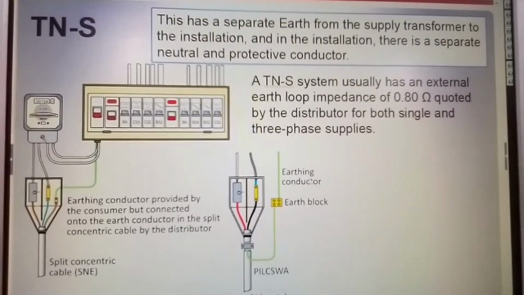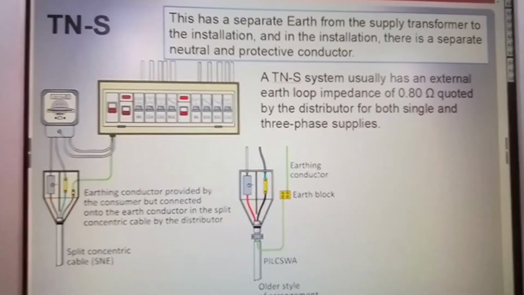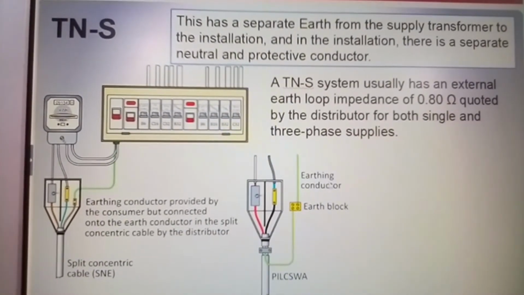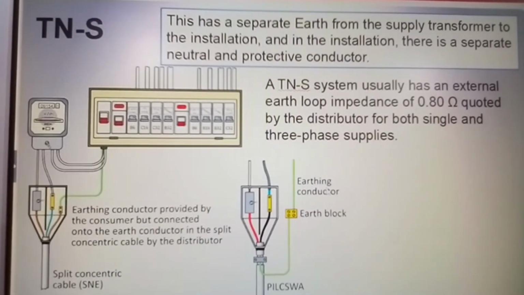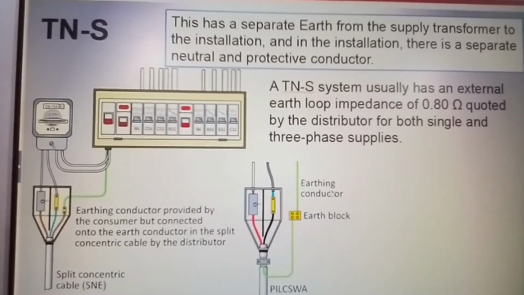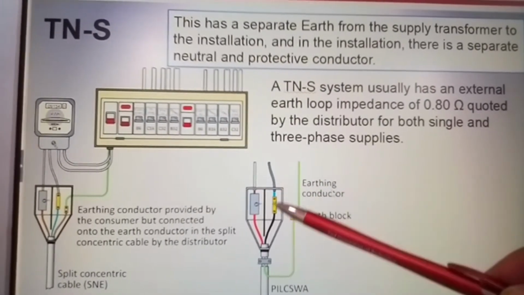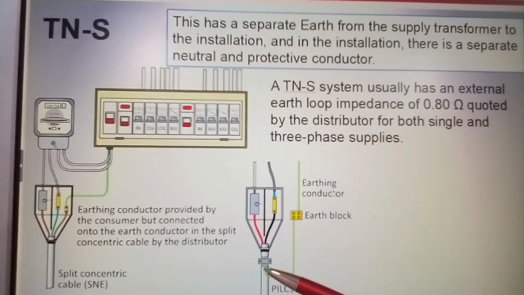I'll just pan back a bit now so we can get everything in. And here again you have your separate neutral and your separate earth, and it's bonded to the steel wire armoured.